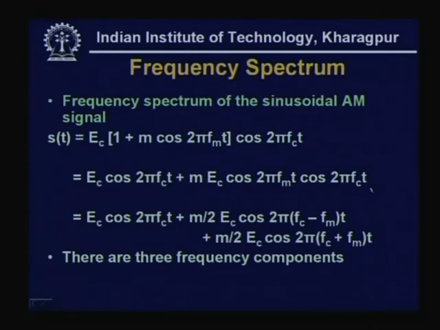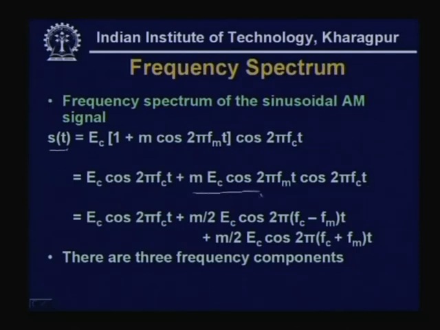Let us now look at the frequency spectrum of the modulated signal. First, let us consider modulating by using a sinusoidal AM. That means the modulating signal is a sinusoidal signal, and in that case the modulated signal will be s(t) equal to Ec into 1 plus m cos 2π fm t into cos 2π fc t, which can be expanded to Ec cos 2π fc t plus m Ec cos 2π fm t cos 2π fc t.